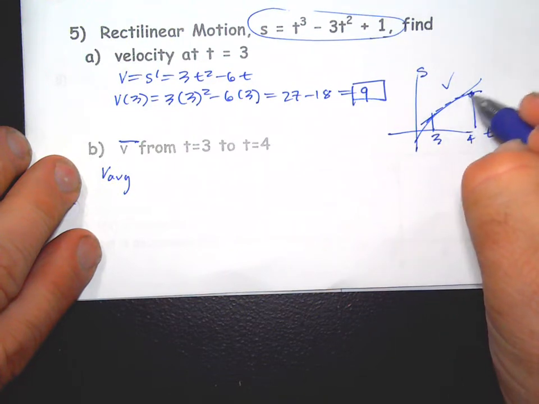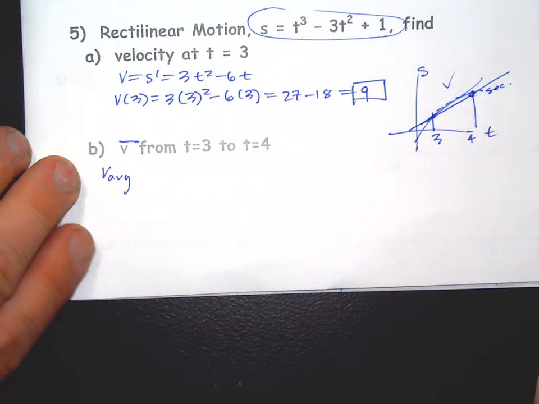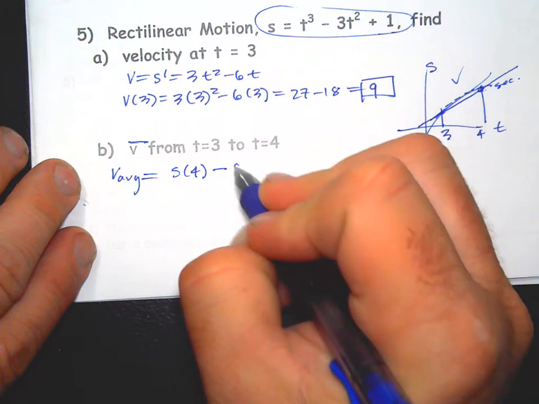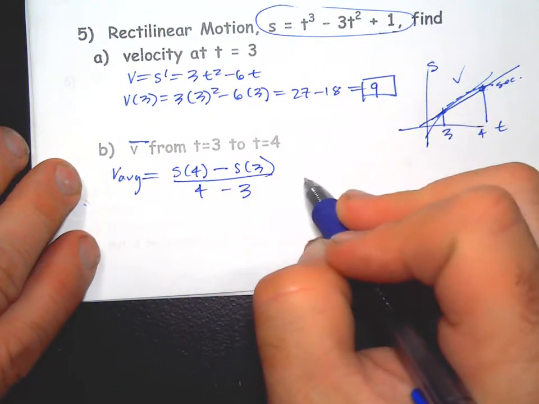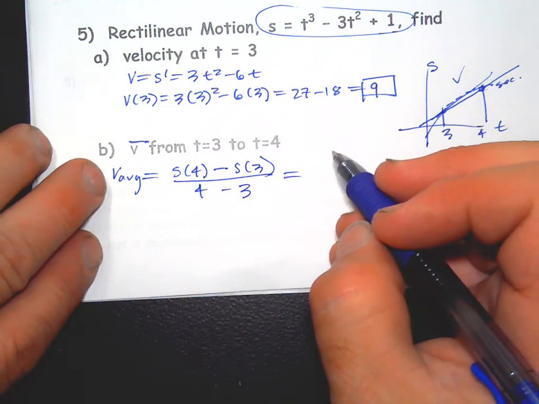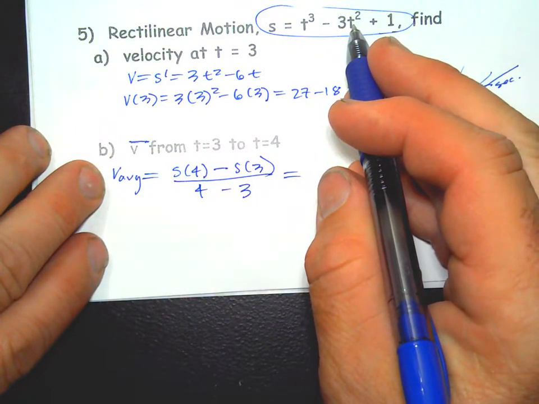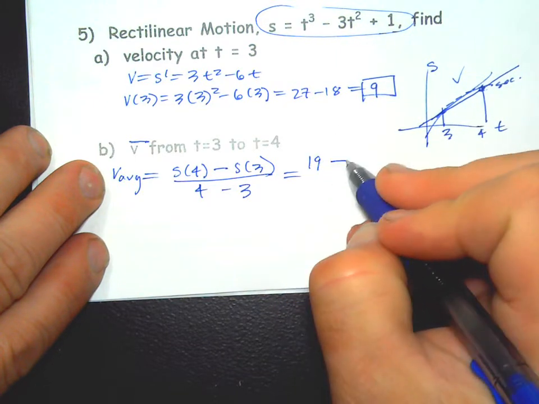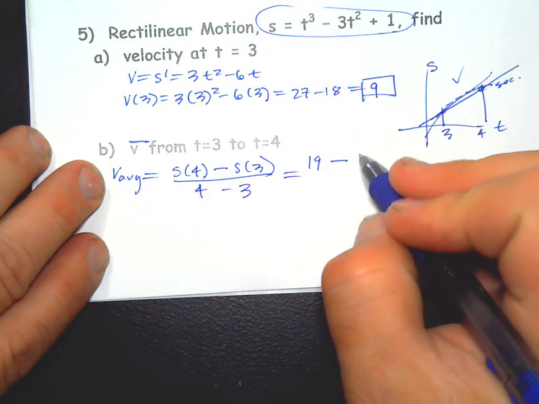And the nice thing is, it's just going to be the slope of the secant line. So it's going to be S4 minus S3 over 4 minus 3. And so if you plug 4 in here, you get 64 minus 48 is 16, plus 1 is 17, minus 3, 27, minus 27, 0 is 1.